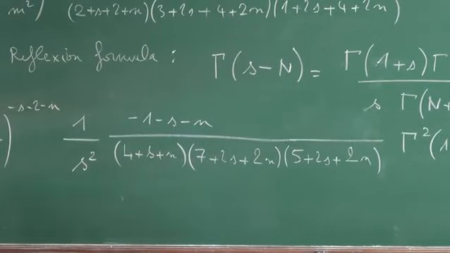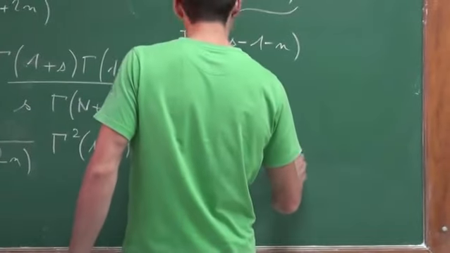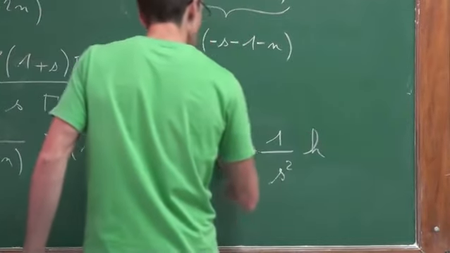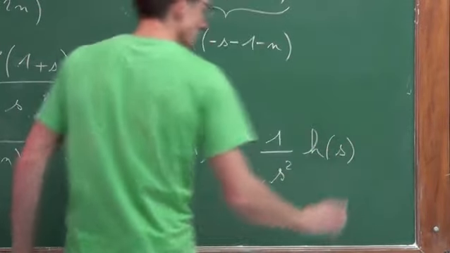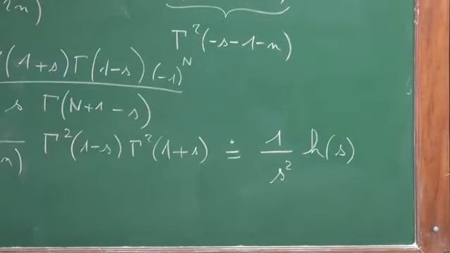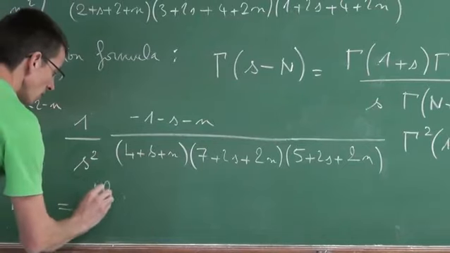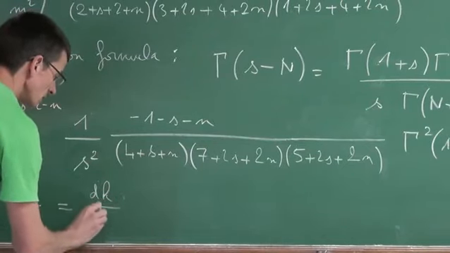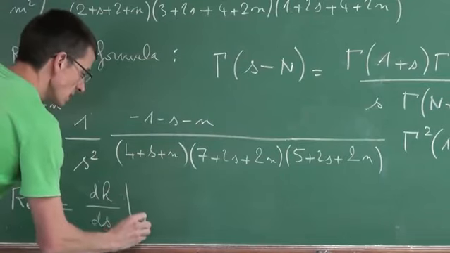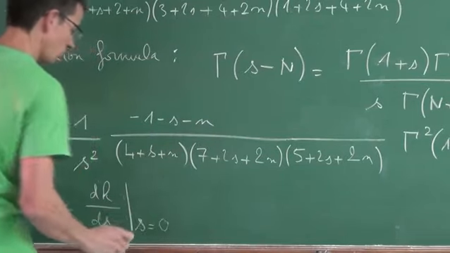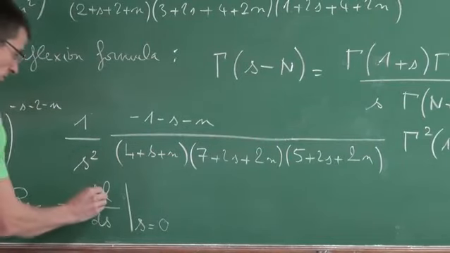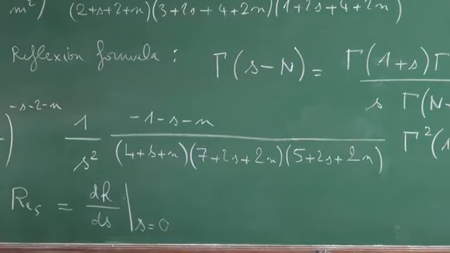So the residue of this, if I define this as 1 over s squared times the function h of s, will be given by the derivative of h with respect to s taken at s equal to 0. So let's compute this derivative.